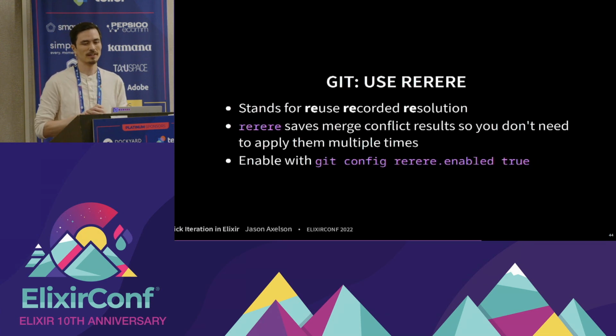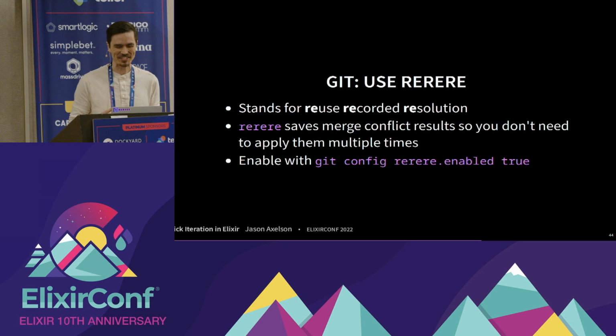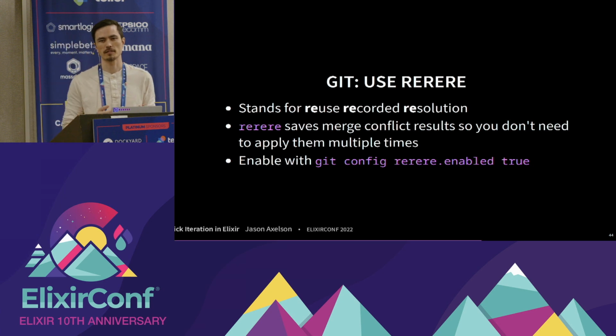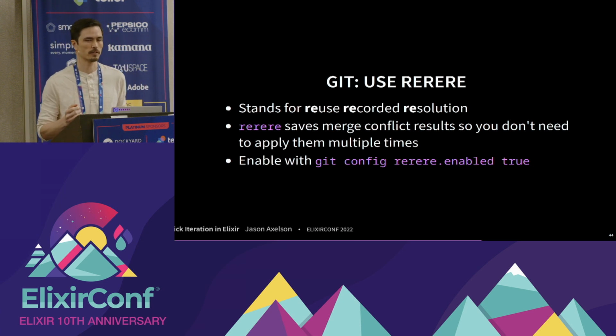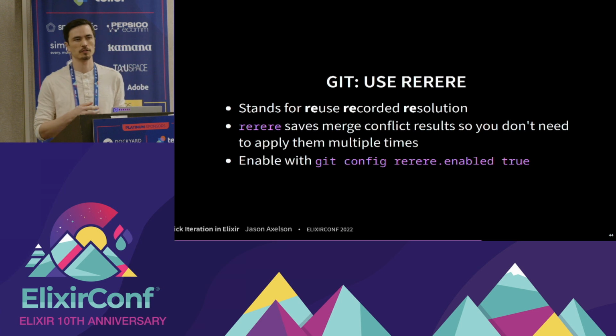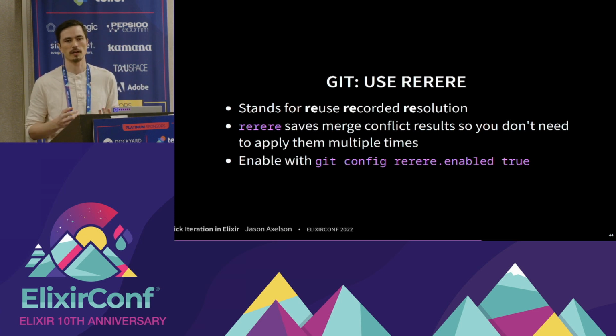Also with Git, another fun tip is this horribly named Git feature called rerere, which stands for reuse recorded resolution. So say you are rebasing 10 commits, and the first 2 commits have some relatively minor merge conflicts. Maybe it takes a couple minutes to fix each of them. But then you get to commit 7 and it has a horrible merge conflict, and you need to pull in a coworker to understand what this code is actually supposed to be doing.